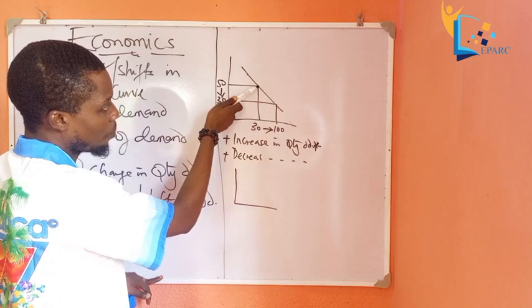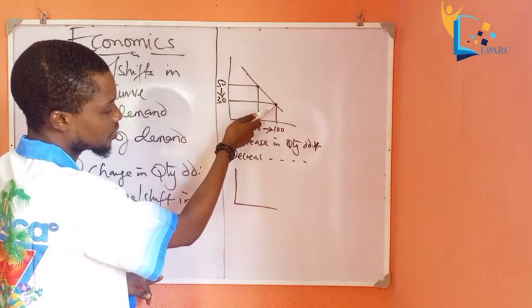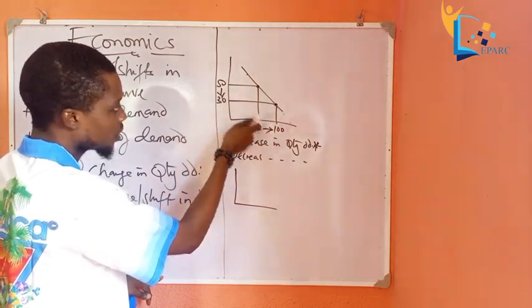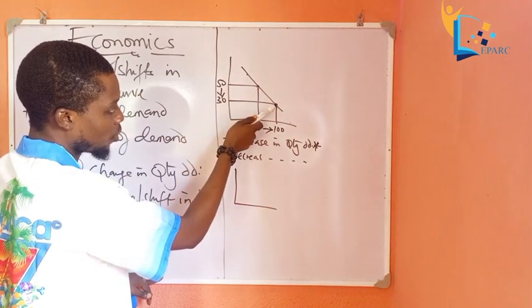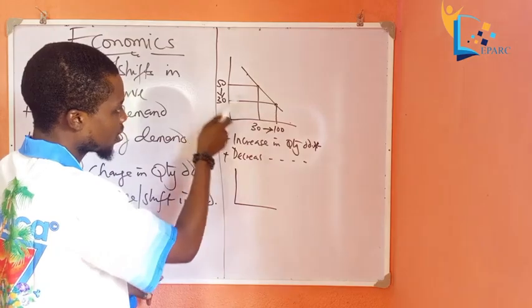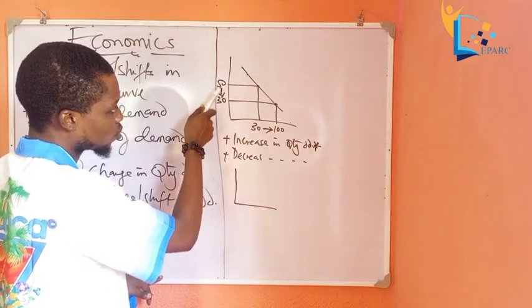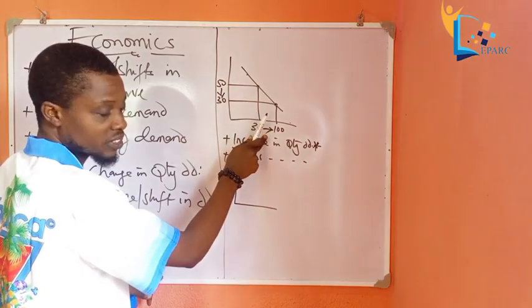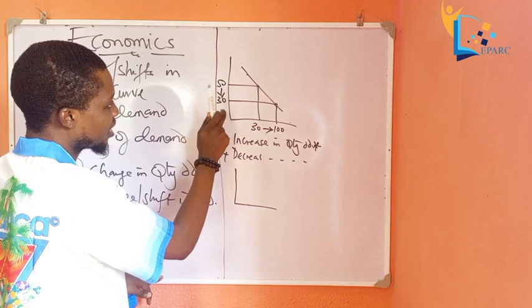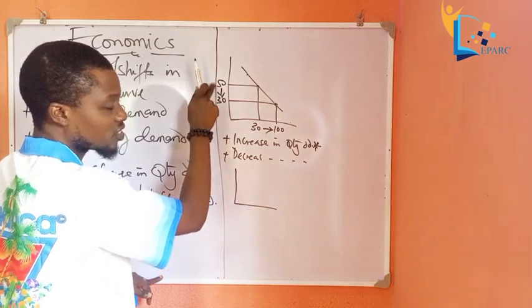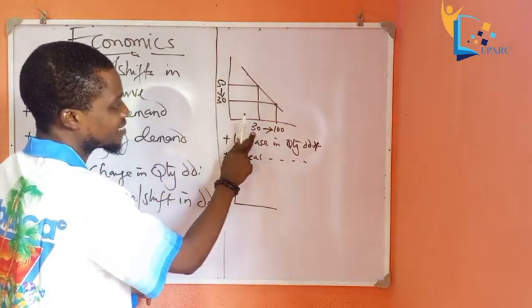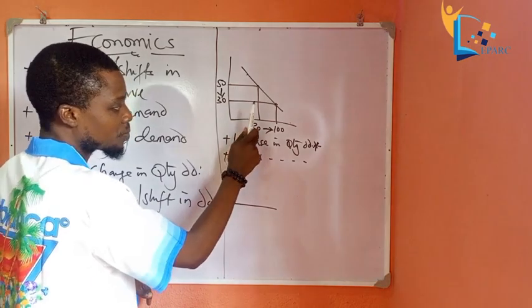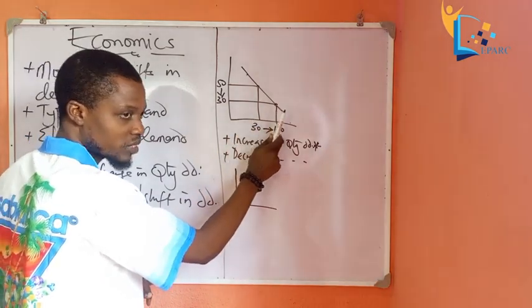If you check, this is the movement that we talked about: movement from this point to this point, still on the demand curve. Price here is the influencing factor, so a change in price causes a change in quantity demanded. A fall in price increases quantity demanded from 30 units to 100 units.